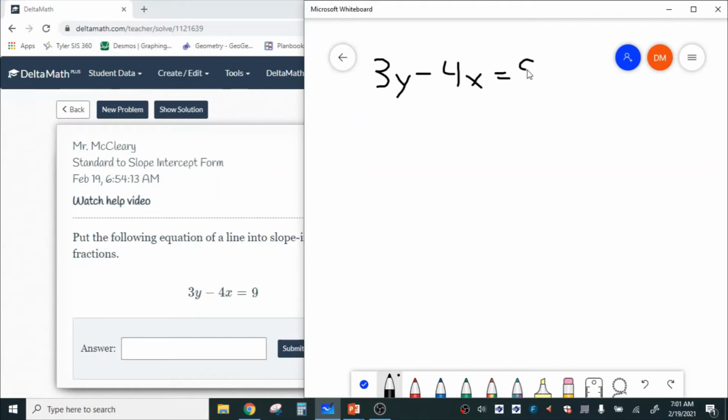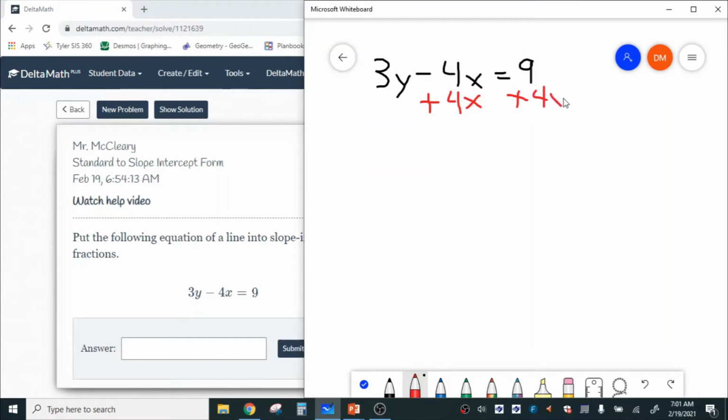And we want to get this into our slope-intercept form, so we want to make it look like y equals mx plus b. Now, like I said, we do the same three steps each time. Our first step is to get rid of this x term, and we're always going to use addition or subtraction here. Since we have a -4x, that means we want to use a +4x to get rid of that.